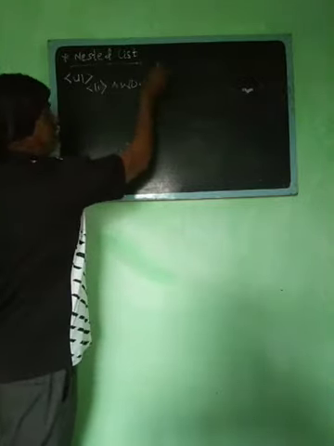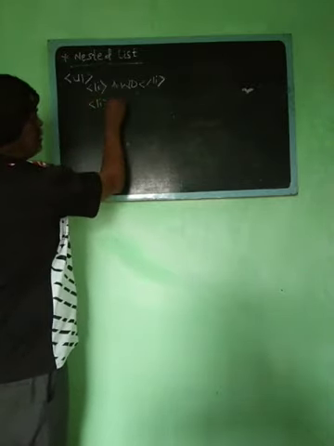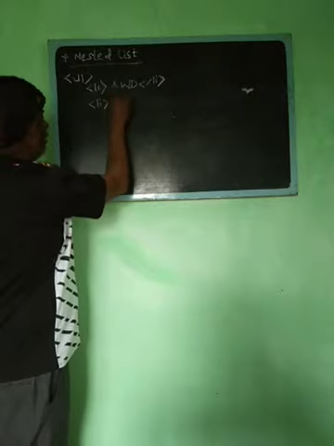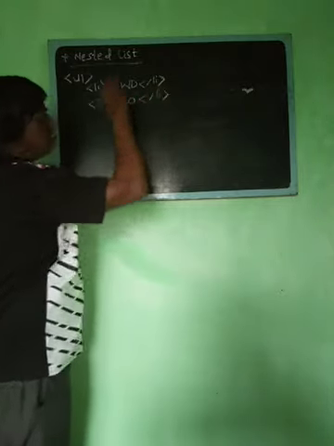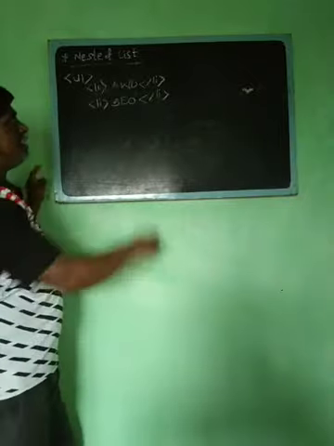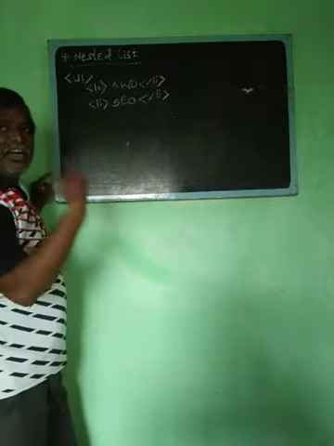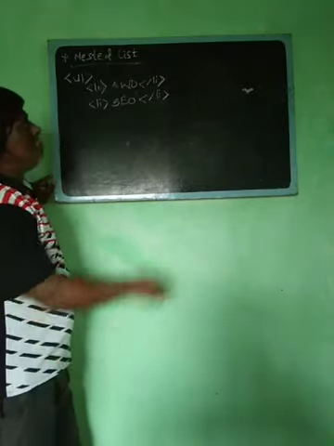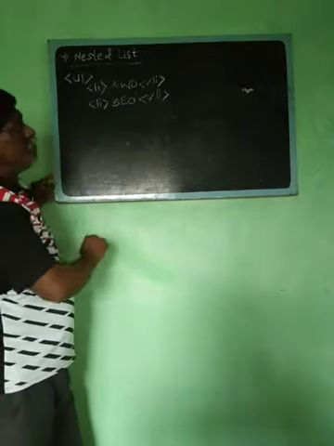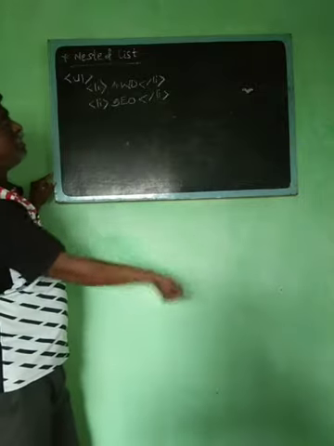Then the second list item, search engine optimization, slash LI. Now here this search engine optimization is again divided into two sub types, so we can display it within an ordered list.